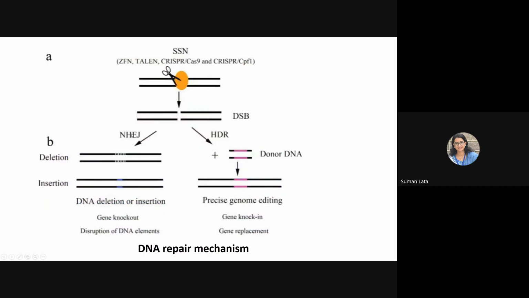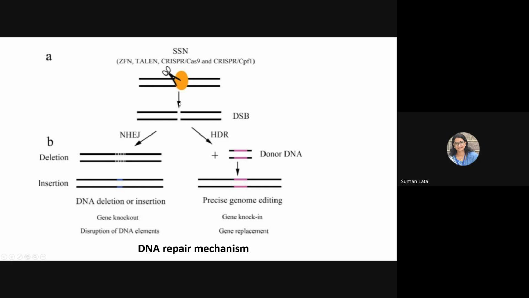So these are the two repair mechanisms, and these are the different nucleases. This black one represents the strand of the DNA. We have these many endonucleases to cut both the strands of the DNA: we have ZFNs, we have TALENs, we have CRISPR-Cas9, and we have Cpf1.